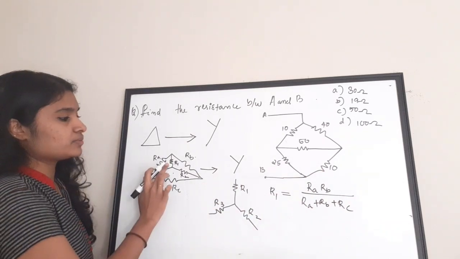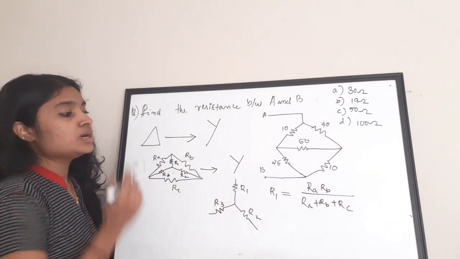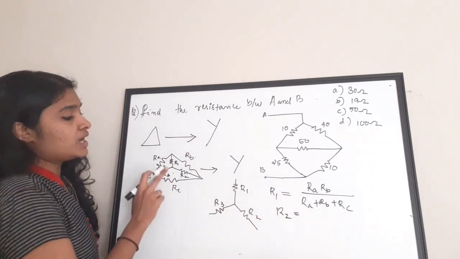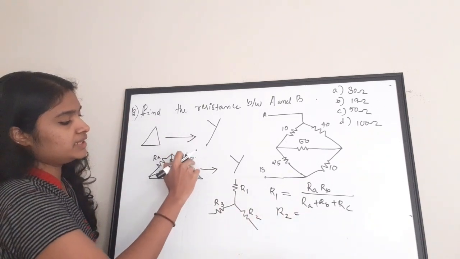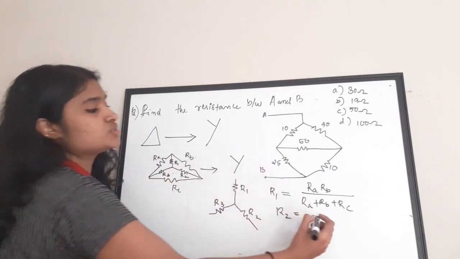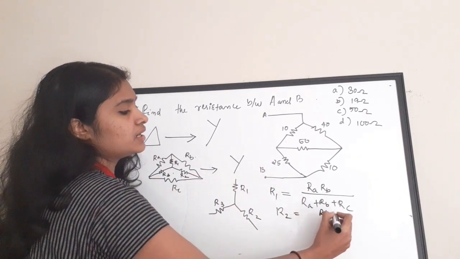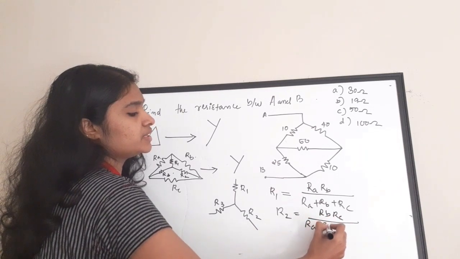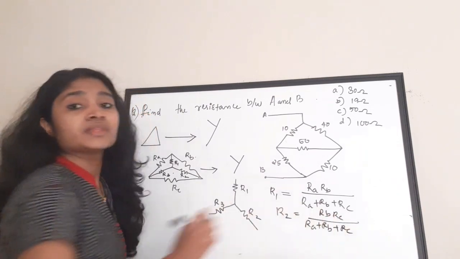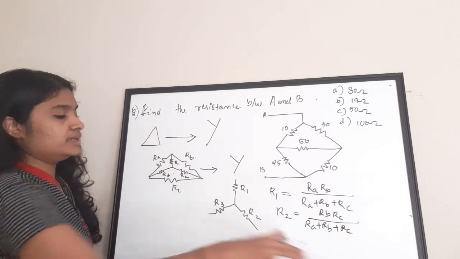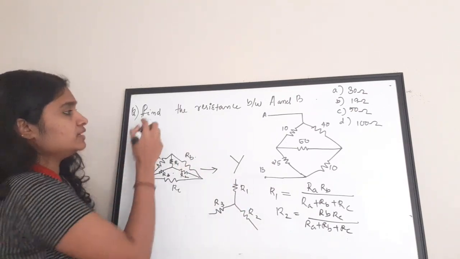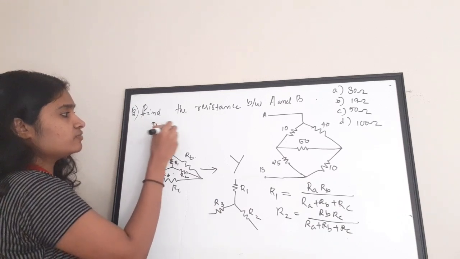That is R1. Now R2 is in between RB and RC, so R2 is equal to RB times RC divided by RA plus RB plus RC. Similarly, you can write the value of R3, the third resistor in the Y network.